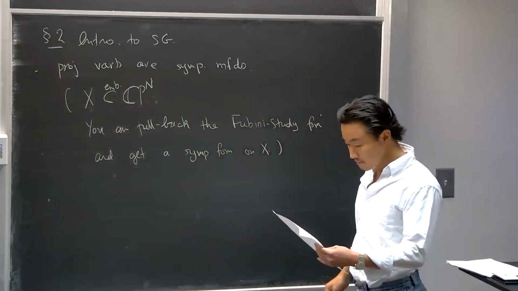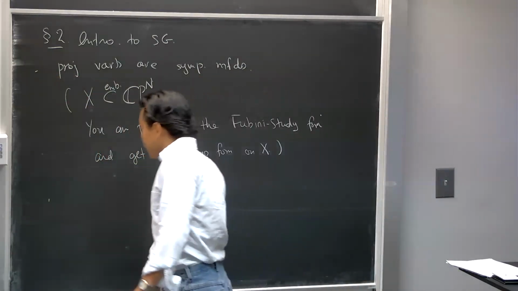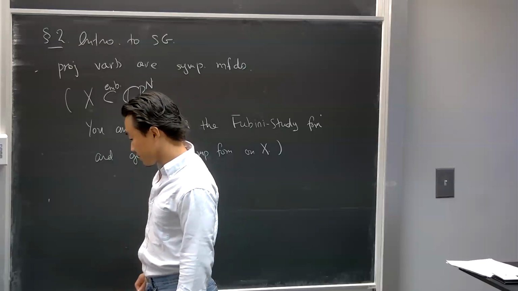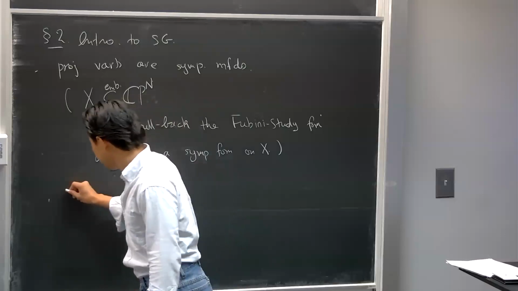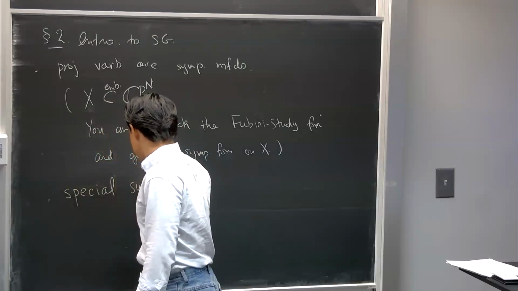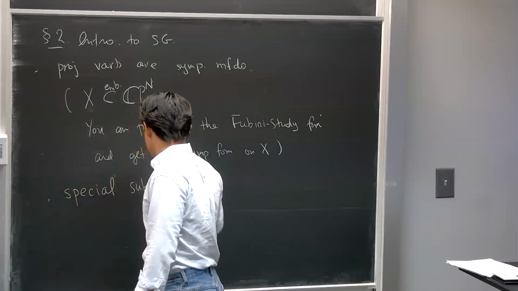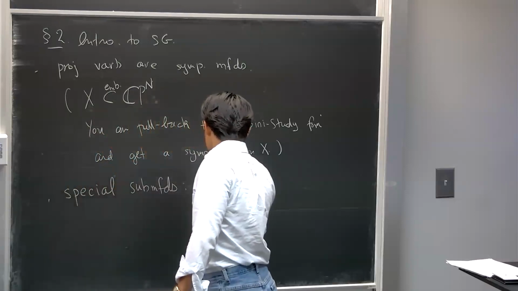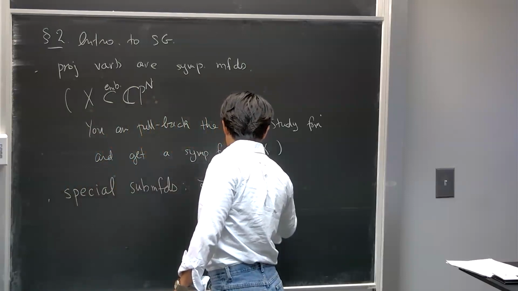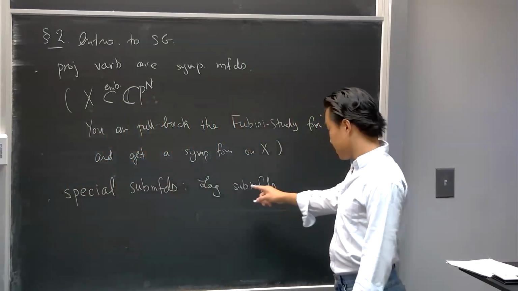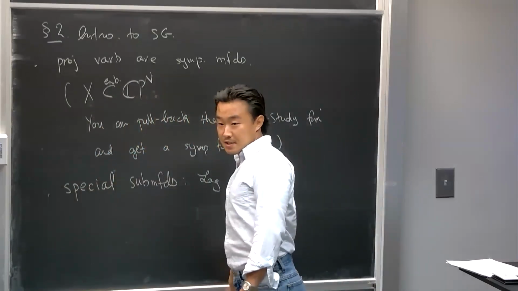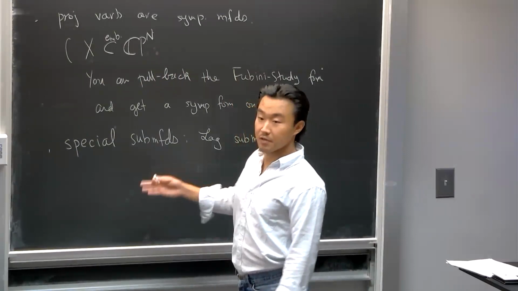So projective varieties are symplectic manifolds. And there's a very special kind of submanifold symplectic geometers like to study, called the Lagrangian submanifolds. I don't think there's a counterpart in algebraic geometry, because it's something that requires a symplectic form.